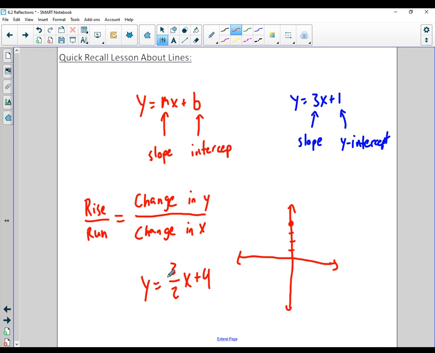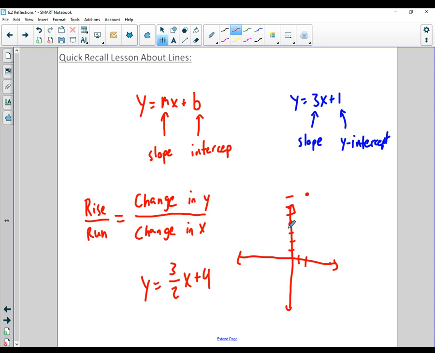Rise meaning 3, rise on top. That would mean I would go up 1, 2, 3, and then run on the bottom is 2, right? Run on the bottom, meaning I go in the x direction, 1, 2, and that's where my next point would be.